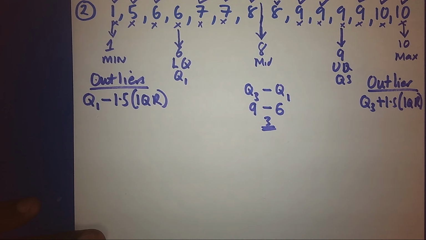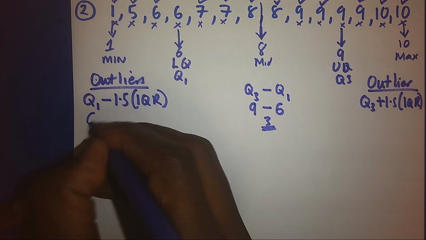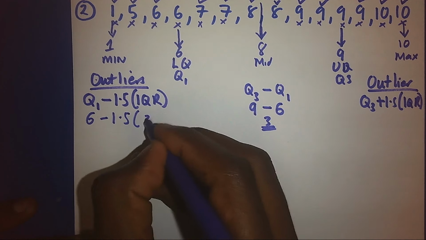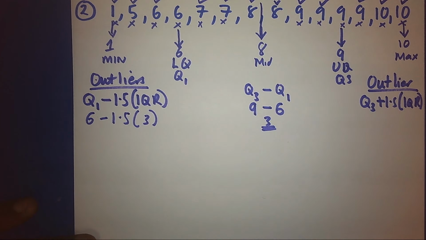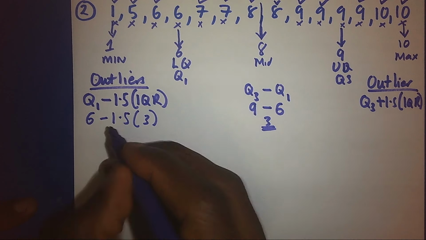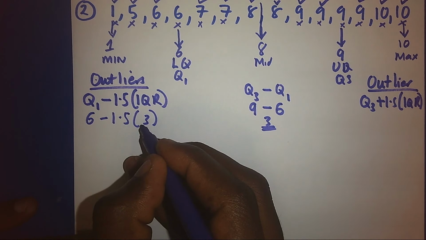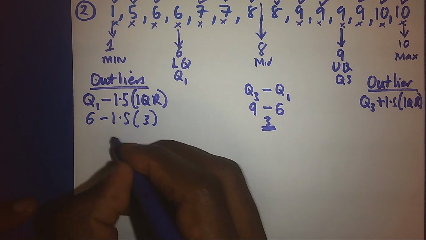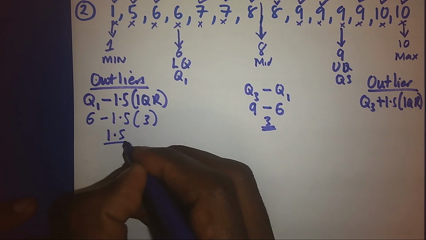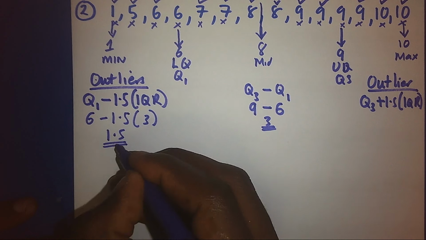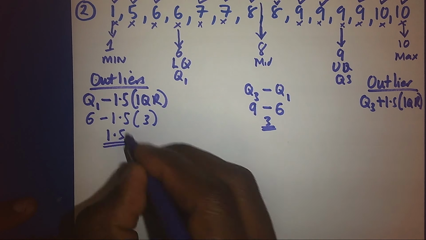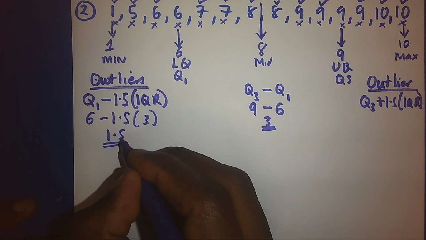Now I can substitute my data. Lower quartile is 6 and my interquartile range is 3. When I multiply 1.5 times 3 and subtract it from 6, I get 1.5. That means any value which is smaller than 1.5 is an outlier.